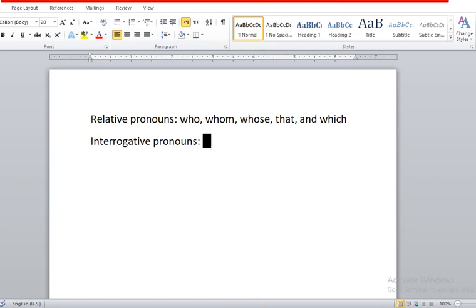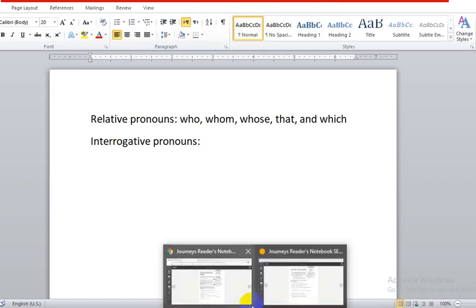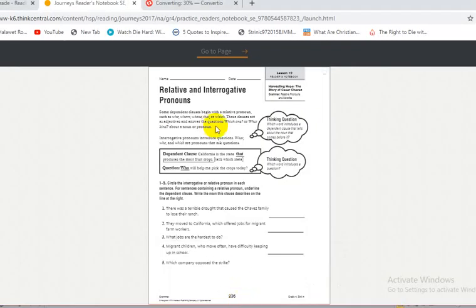So which words here would be interrogative pronouns? Well, let's see. We have what, who, and which. Well, there's who over here and who over here. How do we know? You're going to know by the context of the sentence, and we'll take some examples and see.